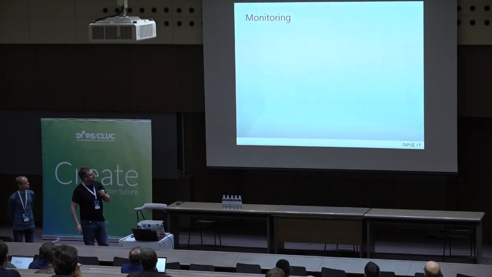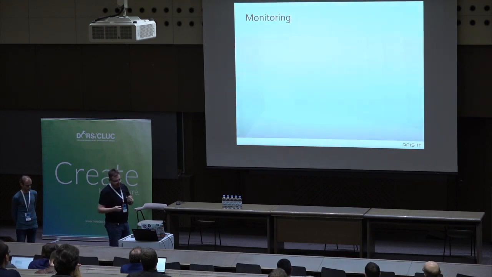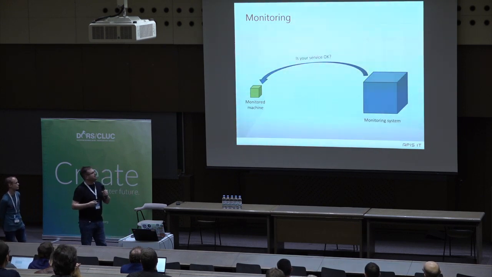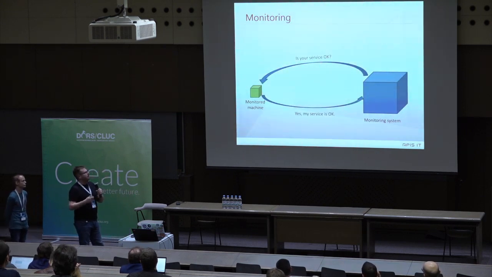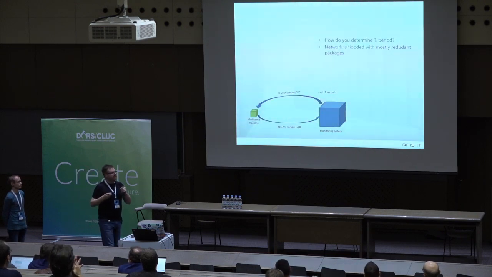So, how to do it? This is an example of asynchronous monitoring. We have monitor machine and we have monitoring system. Monitoring system is asking, is your service okay? Monitor machine says, yes, my service is okay. And it does that every T seconds. So, there is a problem.